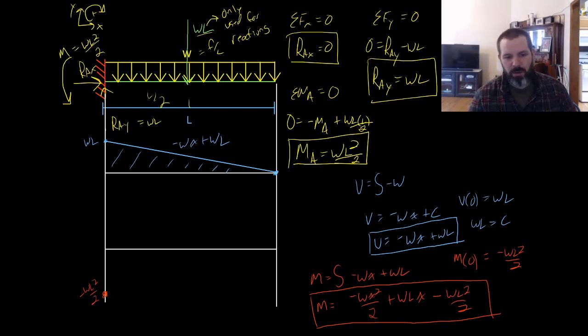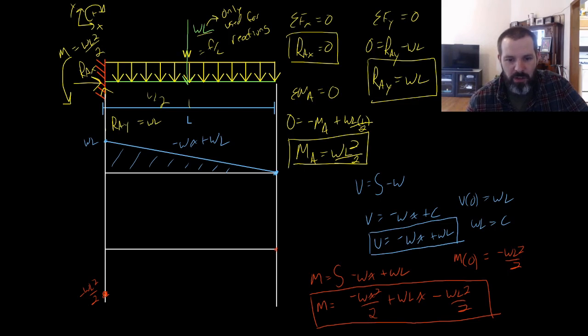And it will be parabolic, concave down, going up to 0. If we plug in L, we'll get minus WL squared over 2 plus WL squared. The minus WL squared over 2 will become minus WL squared, and this will become 0.